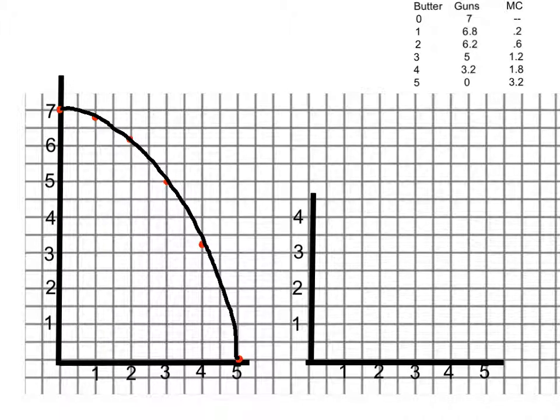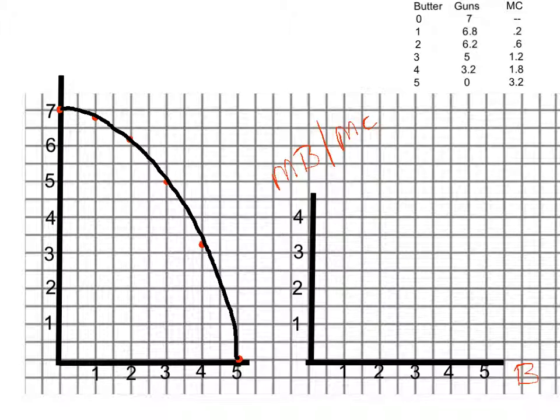So let's graph that marginal cost over here on this graph. What we're going to do on this graph is put butter on the horizontal axis, and on the vertical axis we're going to graph the marginal benefits of butter and the marginal costs of butter.